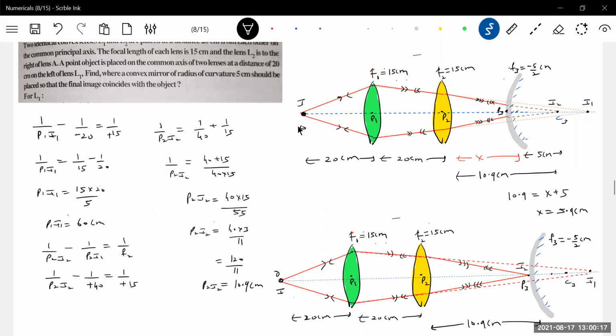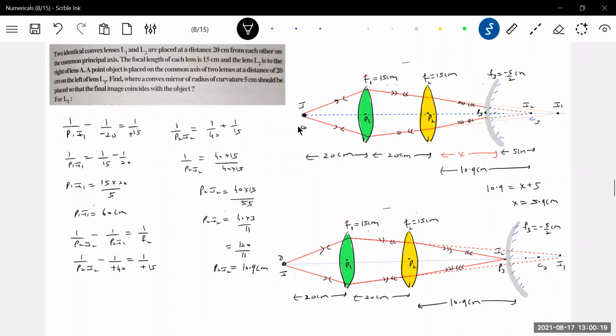Okay, pick up some problems where multiple ideas are there: mirror, lens, prism, lens, slab. Like that, some two, three. We are going to call all these optical instruments, like lens, mirror, prism. Pick up a question where more than one optical instrument is there and start working it out, because you can revise many things at a place.